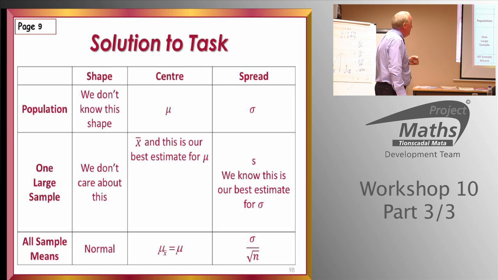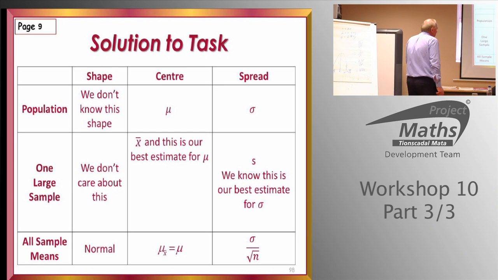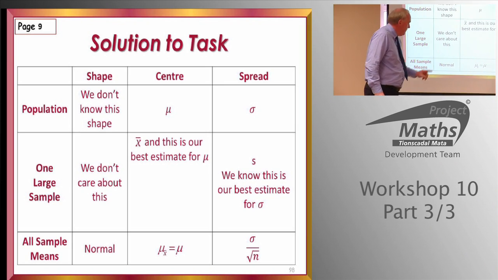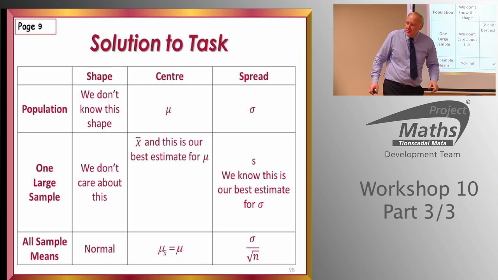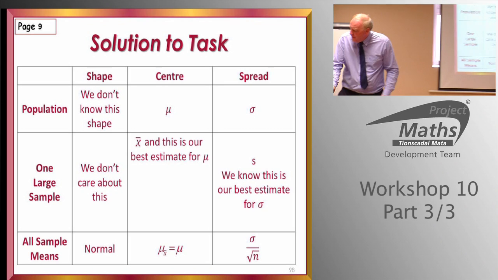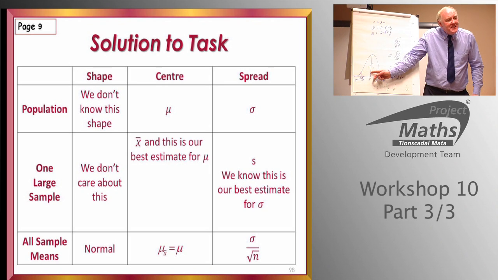Now, there's one other little link back up. What is this made up of? That normal distribution is made up of all the sample means that I could possibly get.